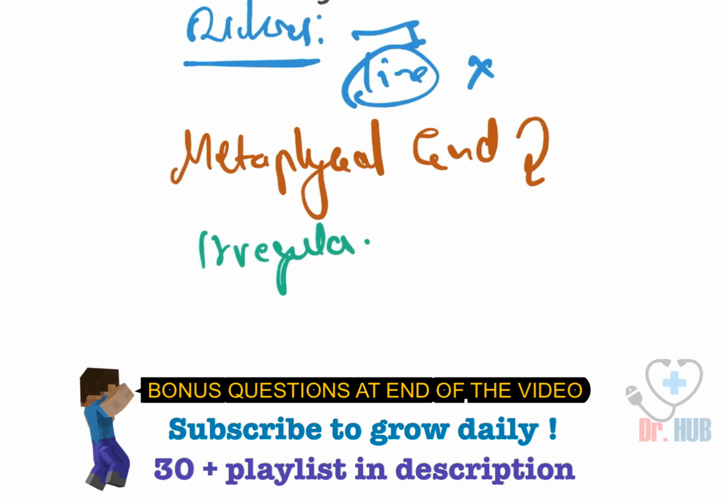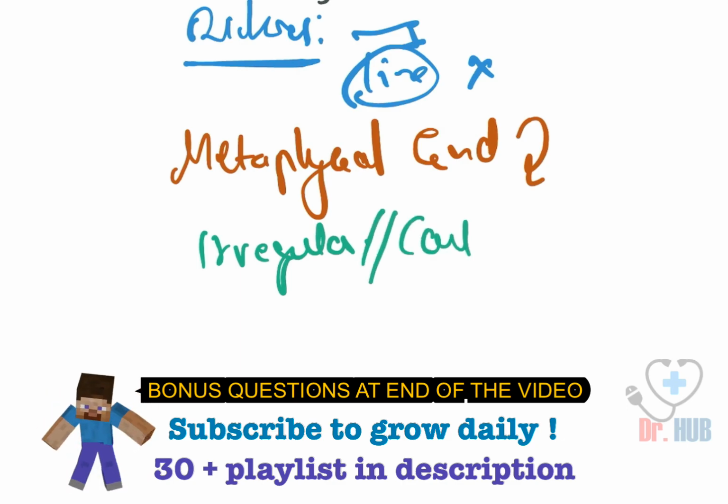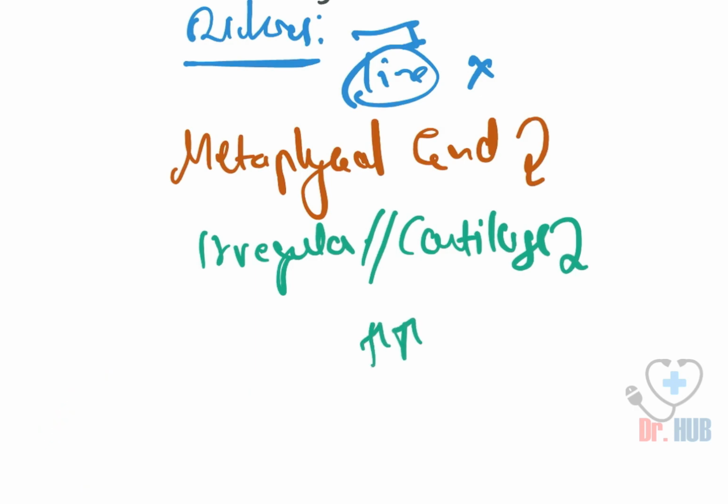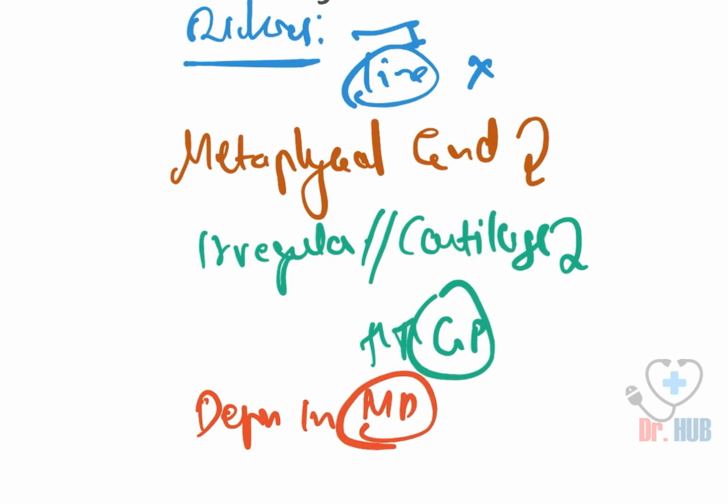And the cartilage accumulates in the growth plate. So this creates a depression in the metaphysis. So this leads to the cupping. Just to repeat, normally between the metaphysis and the epiphysis there is a smooth line of sclerosis.